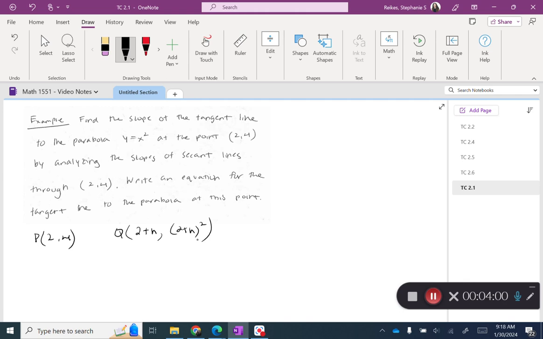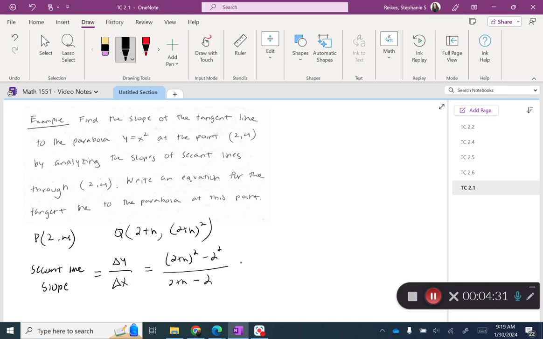All right, so the secant line slope is going to be equal to, again, that change in y over the change in x. For this problem, it's going to be (2 plus h) squared minus 2 squared all over 2 plus h minus 2.